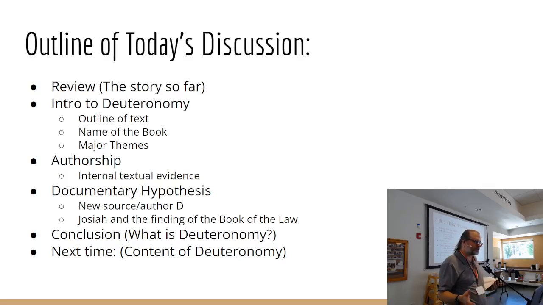We'll do some conclusions, discuss what is this book then, after all that we've seen, and then we'll discuss what we'll do next time. Next time, we'll go through some of the contents of the book. So today we're going to talk about the authorship, the source, the themes, and the next time we will read specific passages from the book.